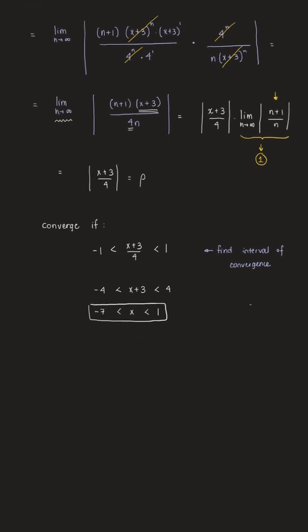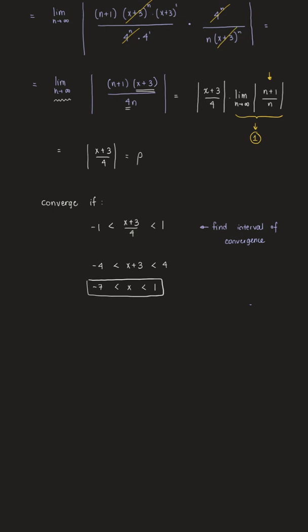If I look at it on the number line, as we did in the previous example, here's my number line. Negative 7 to 1 is our interval of convergence. Remember, our center is at negative 3, which is halfway between those endpoints. And so our radius of convergence is going to be half of the length of the interval.